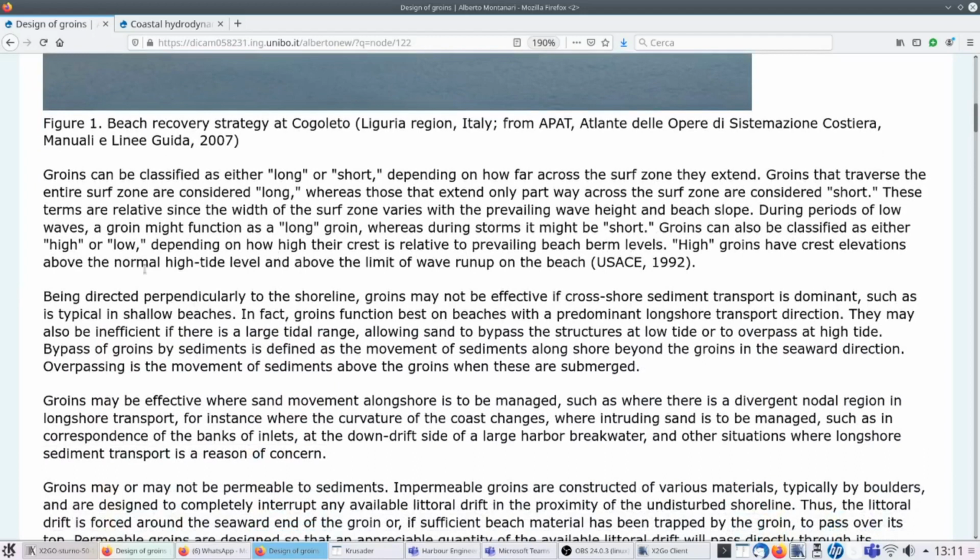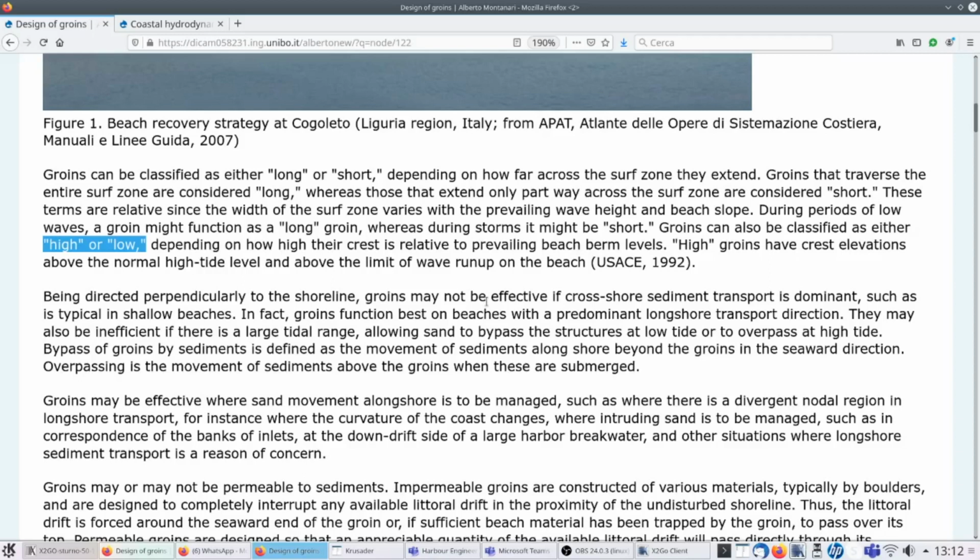Groins can also be classified as either high or low, depending on how high their crest is. The high groin is more effective, especially with respect to storms. The low groins are effective in normal conditions, and when a storm comes, they may be less effective. So depending on the functioning that we expect from them, we have to select the right type. And also they can be directed perpendicular to the shoreline, or they can be placed at an angle with the shoreline.